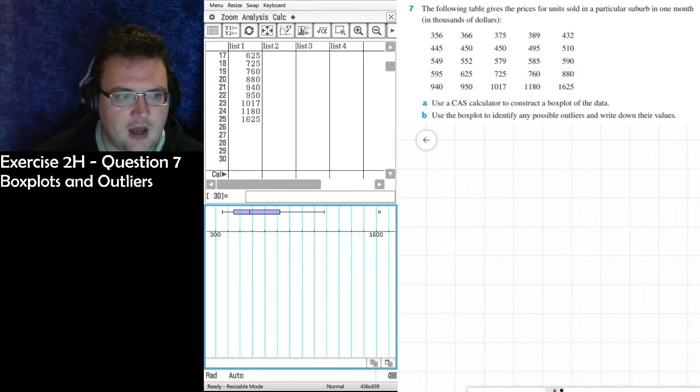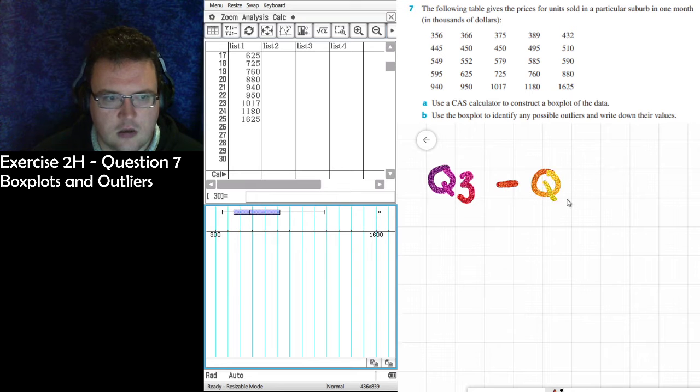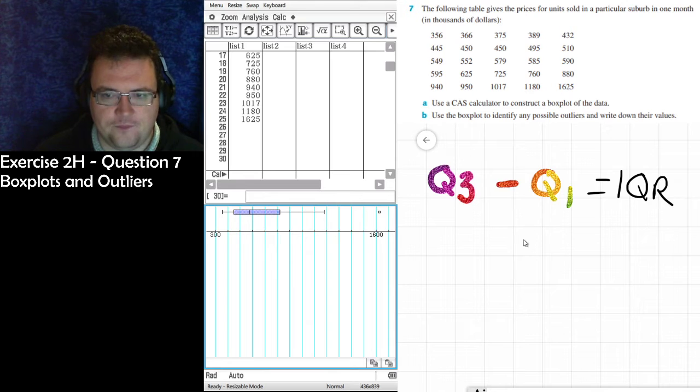And if you guys remember, the IQR happens to be Q3 minus Q1. I'll use something a little bit less glittery for the rest of it. And that gives us our IQR.